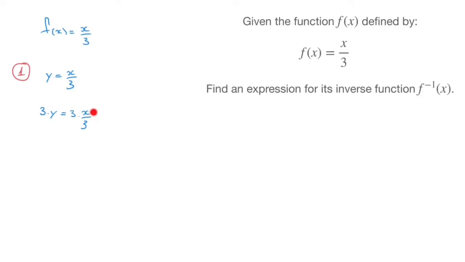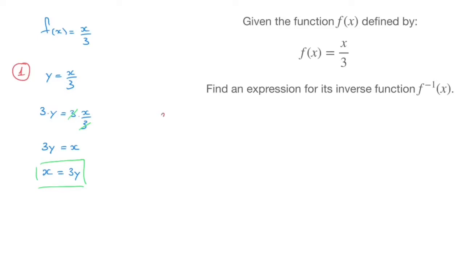And now, on the right-hand side of this equation, we can see that x is being multiplied by 3 and divided by 3. But since those two operations cancel each other out, we can cross out these 3's, and we're now left with 3y equals x, which we can write as x equals 3y. And that's our first step done. We've now made x the subject.